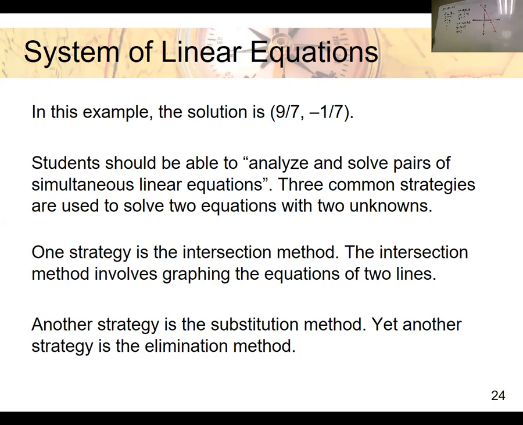And that strategy that I talked about is the intersection method. That means you're going to graph the two equations on the coordinate plane and identify that point of intersection. And with those two equations, it would be difficult to notice that 9/7 and -1/7 is the solution to that system of equations.